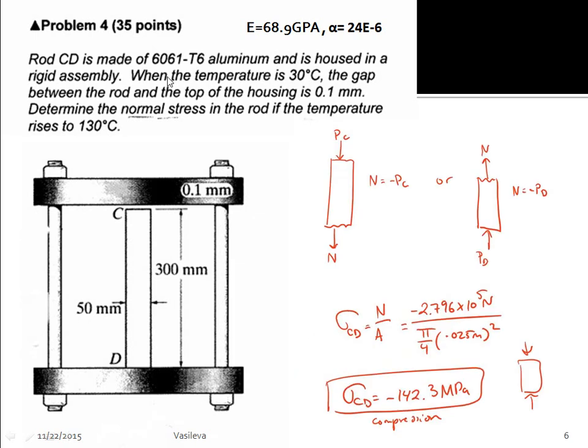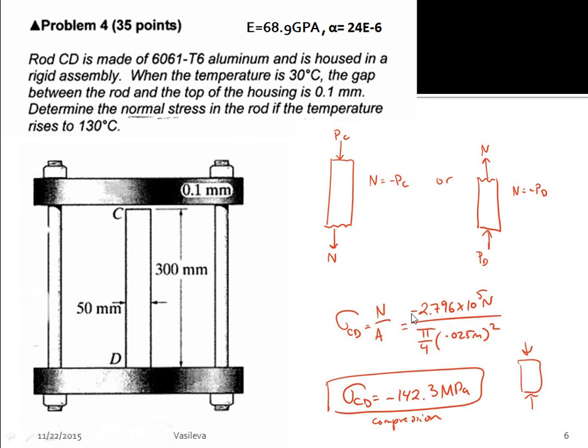Now, in the end, they ask us for the normal stress of the rod, so we found the value, but we always need to pay attention to the sign. So once again, no matter which way you draw it, no matter which way you cut it, if you cut it this way and take into consideration PC, we end up with N equals negative PC. Or if you do it the other way, it doesn't matter, you get N equals negative PD.